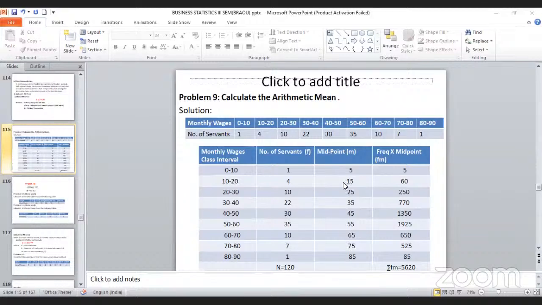Okay, ma'am. So everywhere for the midpoint you have to add the lower limit and the upper limit. See here, you have to observe this. What is the difference? 0 to 10, 10. 10 to 20, 10. Again, across you will have the same values. And see the difference in the lower limit, 10.